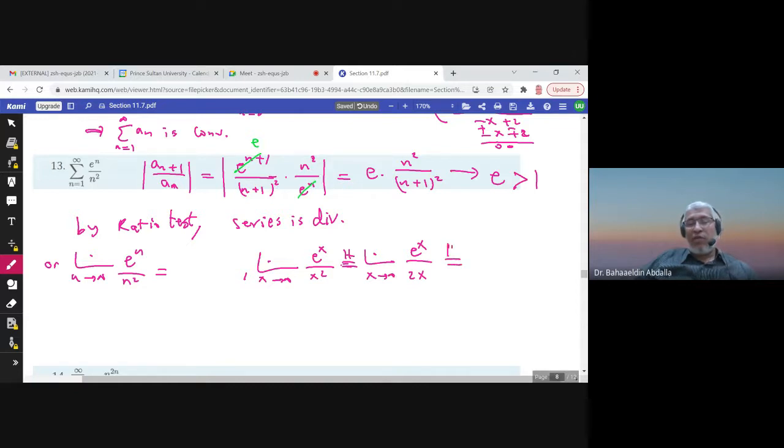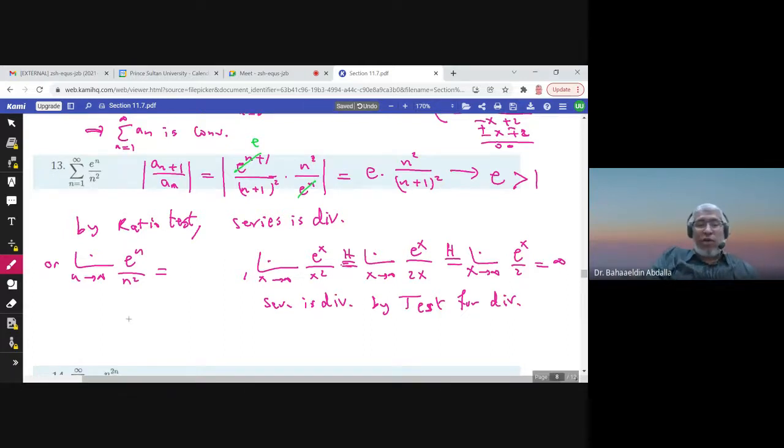Again, I get infinity over infinity, so I use L'Hopital's rule again. And now e to the power infinity is infinity over 2 is infinity. So the limit is infinity. So here I can say that the series is divergent, but this time by using the test for divergence.